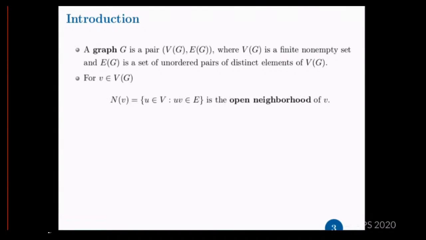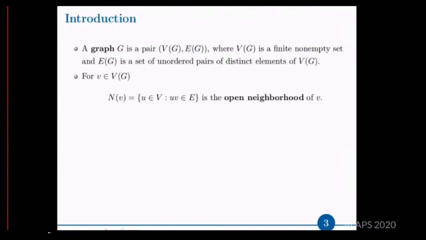For a vertex v, the open neighborhood of v is the set of all u in V such that uv is an edge of graph G. Similarly, the closed neighborhood of v is the union of the open neighborhood of v and v itself.